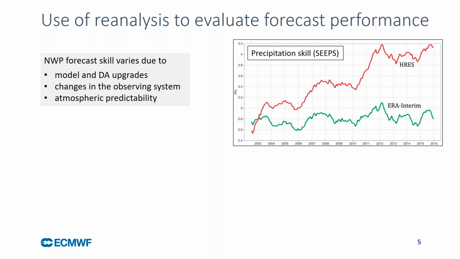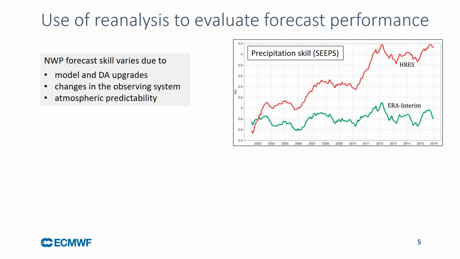So when you look at a curve like the red one here, that's a skill score for precipitation in the high resolution NWP system. And you see that's improved over time, but not monotonically, and there are all kinds of variations.